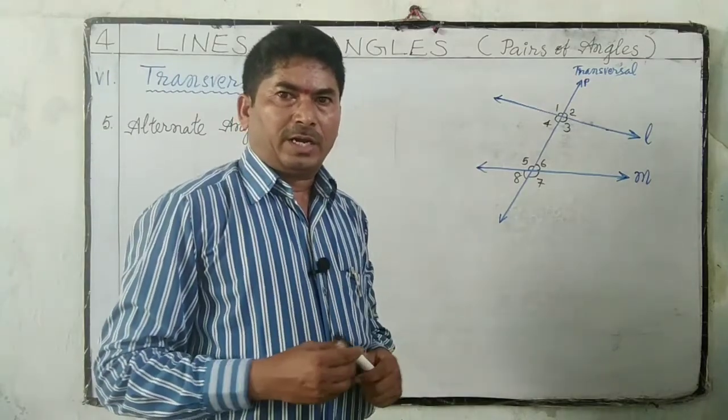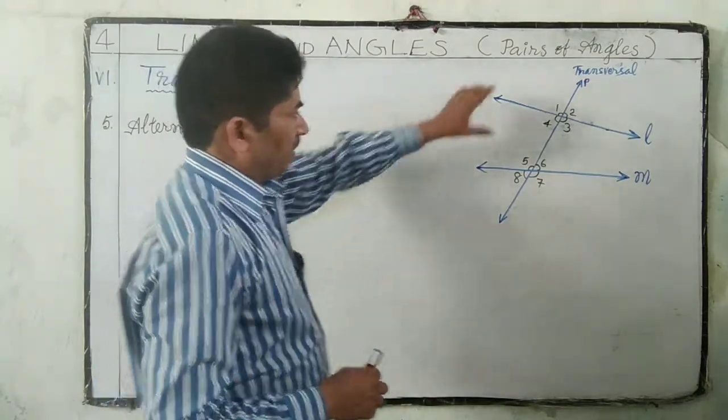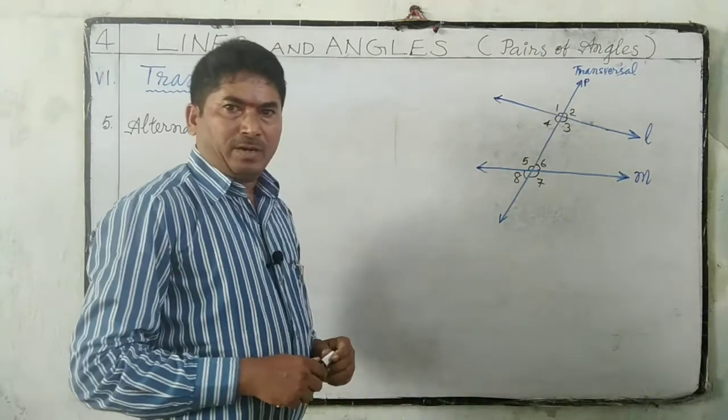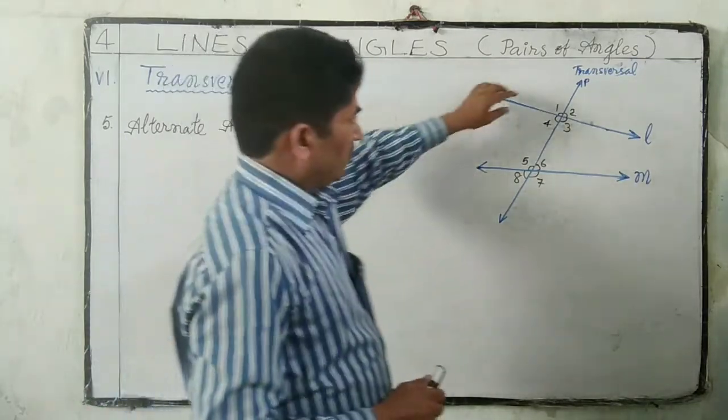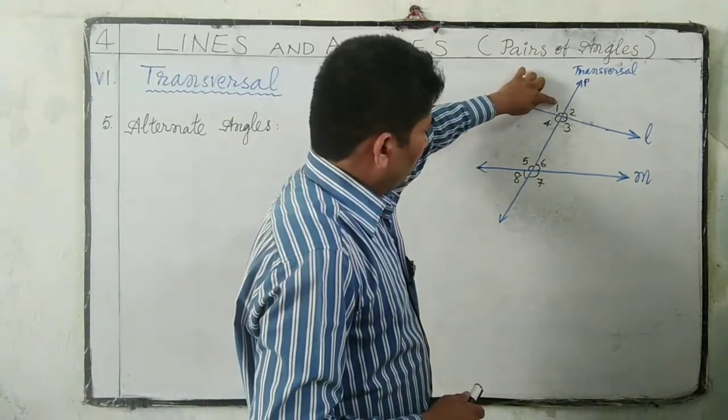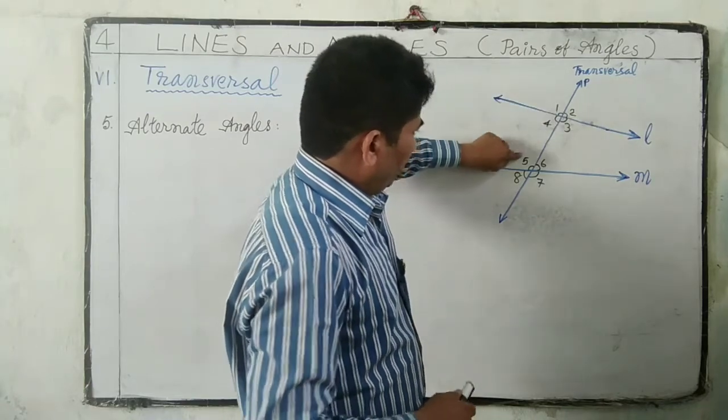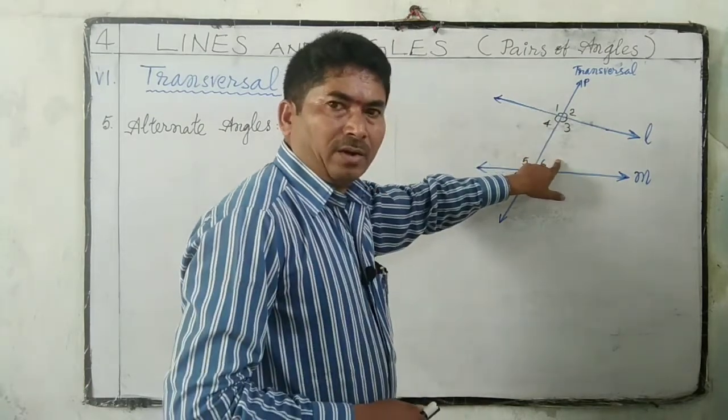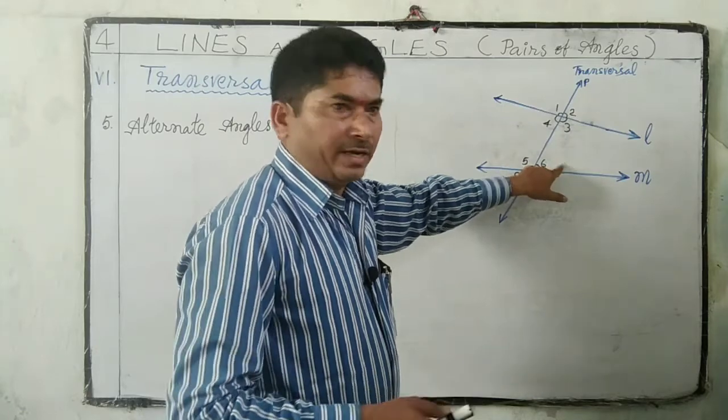Next, alternate angles. There are two kinds of alternate angles. 3, 5, 4, 6. These are alternate interior angles.